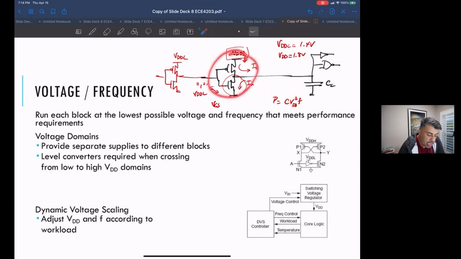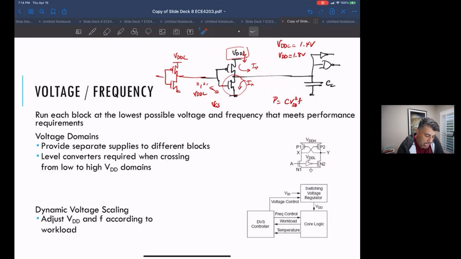But if the circuit doesn't have to run as fast, or it's in a particularly slow block, some blocks just don't have to be that fast. Some blocks are handling slow serial communication, or controlling some accelerometer that doesn't really require fast operation.